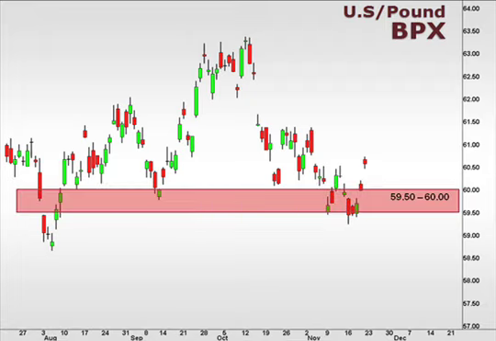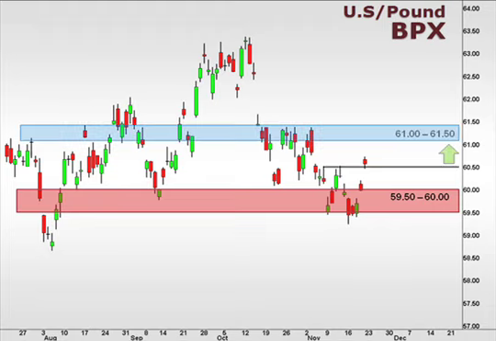Next up, the BPX, the US versus the British pound. Now, this 59.5, 60 focal zone remains an important support level, and we have seen a bounce off of that and a subsequent break above this pivot point found here at the 60.5 pair value. Now, this break does suggest the possibility of a move towards the 61, 61.5 focal zone.